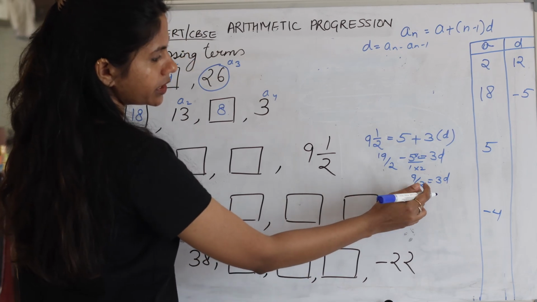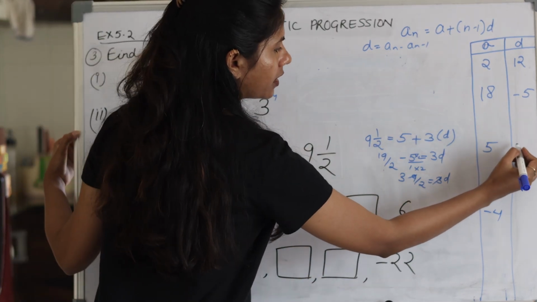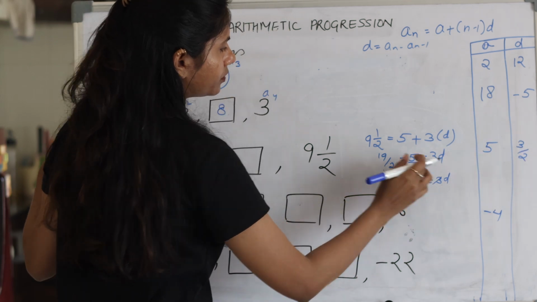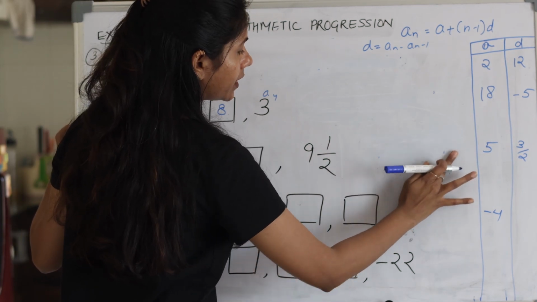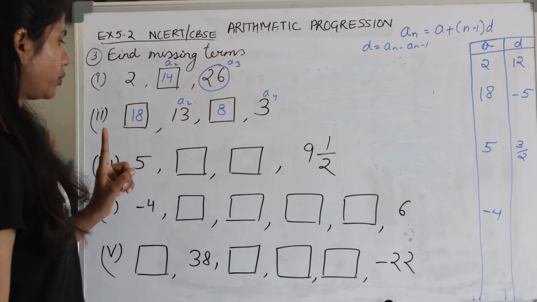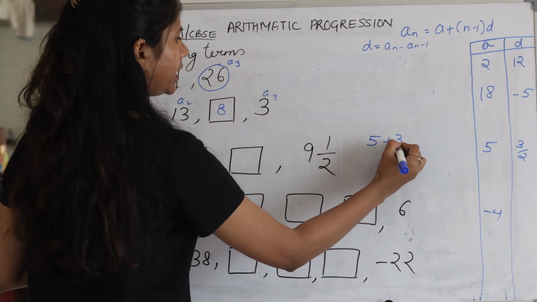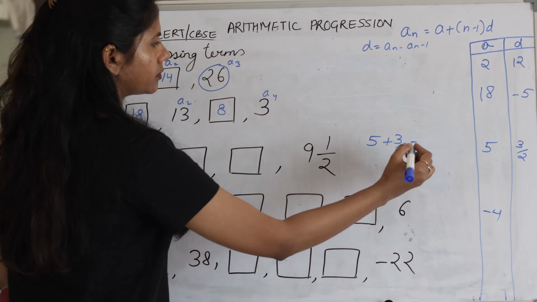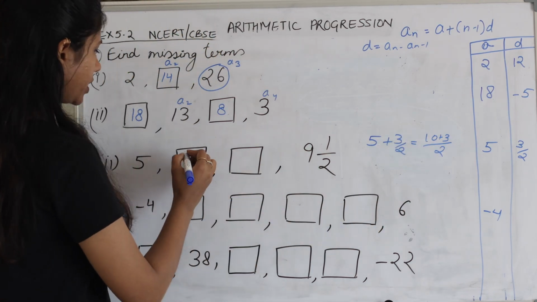Now 3 will go in division, and 9 divided by 3 is 3, so D is 3 by 2. Now you know the D, you know the A. You can simply figure out what is A2. So what will be A2? Last term plus D. So 5 plus D, which is 10 plus 3 by 2, 13 by 2.